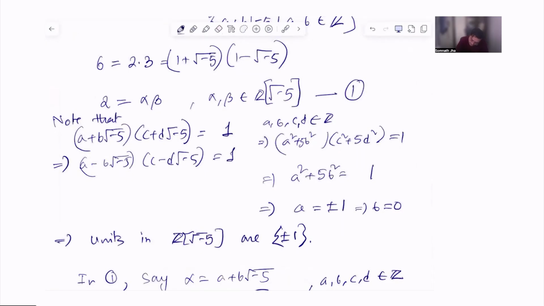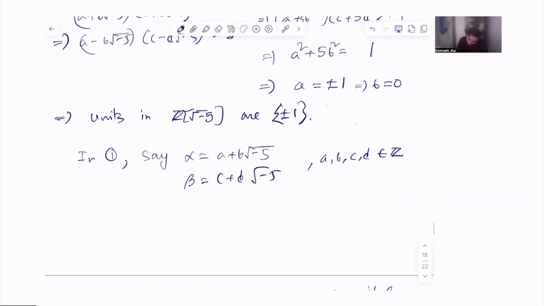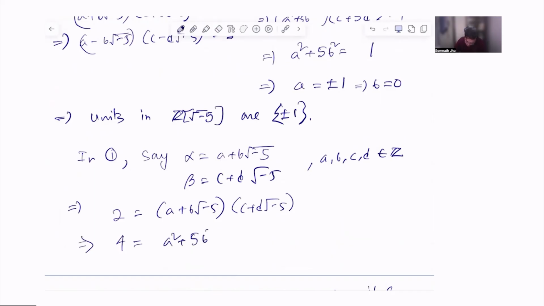So this implies 2 equals (a plus b root minus 5) times (c plus d root minus 5). Again, I can take the conjugate. On the left-hand side, I only get 2. So you get 4 equal to (a squared plus 5b squared) times (c squared plus 5d squared).